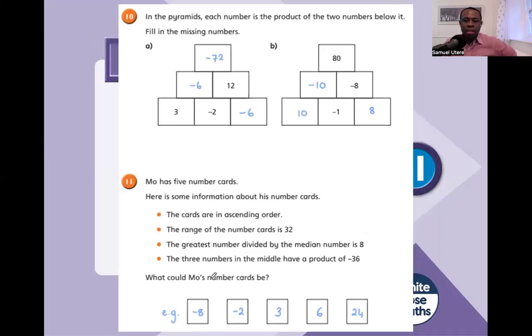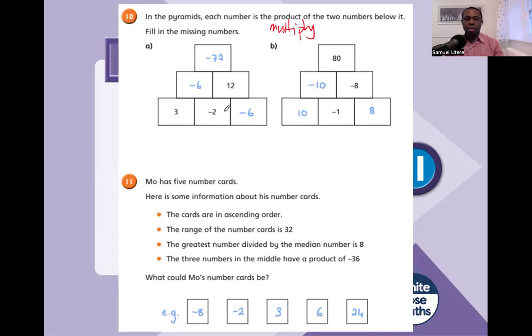So here you were asked, in the pyramids, each number is the product of two numbers below. Okay, so product means to multiply. Don't forget that word. Product means to multiply. So they're telling you that each number is the product of the two numbers below. If you have to multiply two things to get a +12, it's going to have to be a -6.